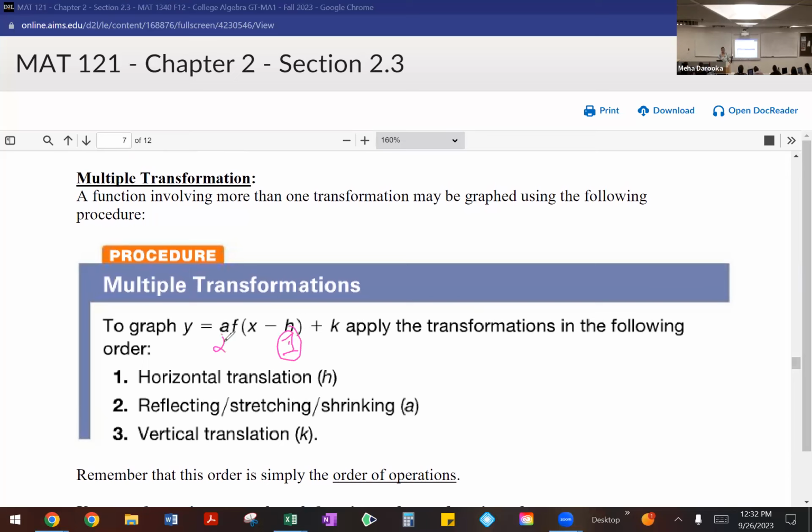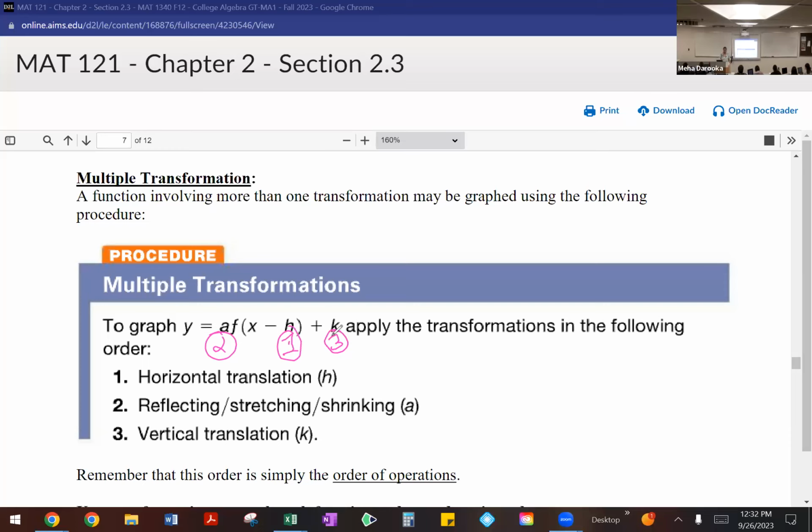Obviously, both stretching and shrinking are not going to happen at the same time. So you may have a reflection and then either a stretch or shrink. You need to follow this order so that everybody will be looking at the right graph. Okay, so there will be no confusion.